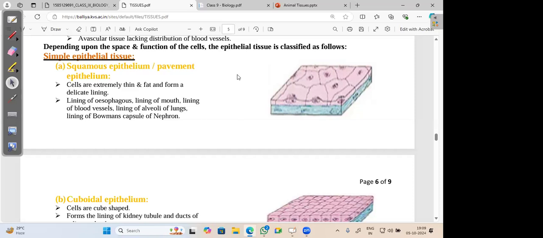So see, in squamous epithelium the cells are flat and delicate, and they form the linings of the esophagus, the mouth, and the blood vessels. So what all types of blood vessels do we have?